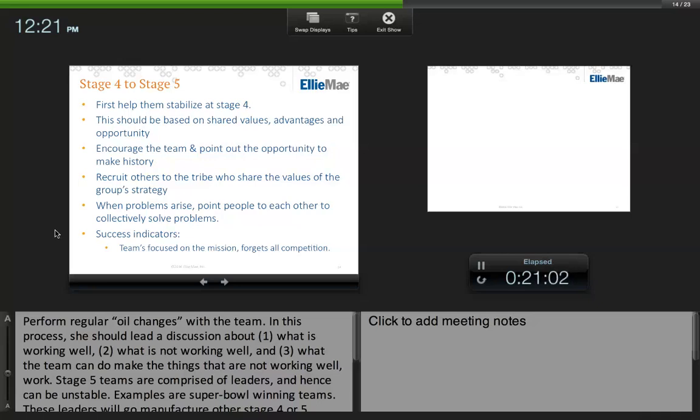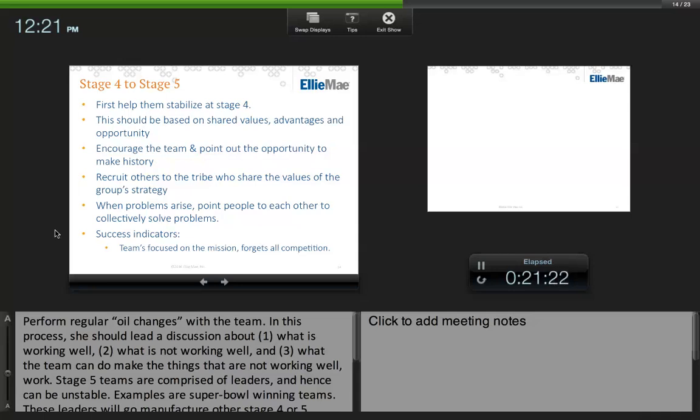So it's critical to recruit others who share that group's vision. When problems come up between members of the team, or we take on challenges which are hard, it's really important for the tribal leader to not go in and just solve that problem.